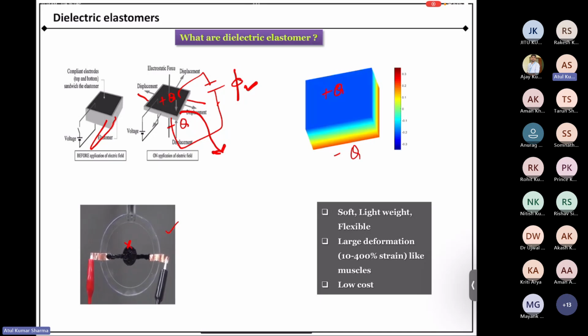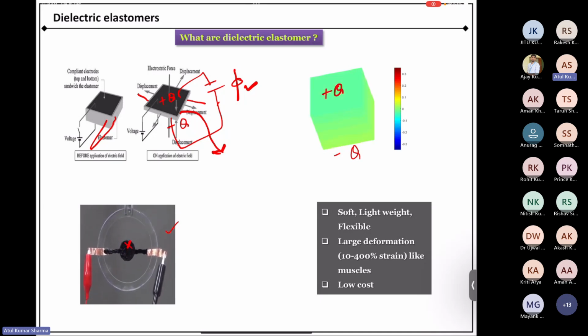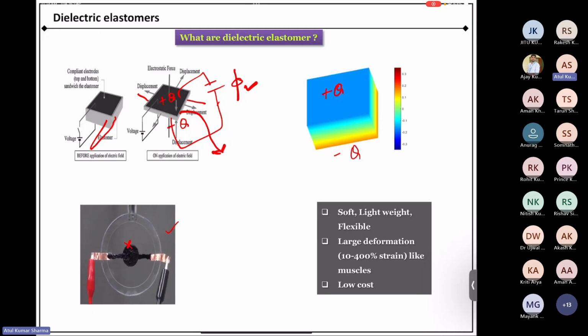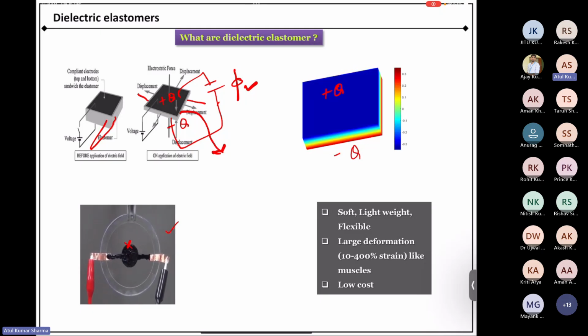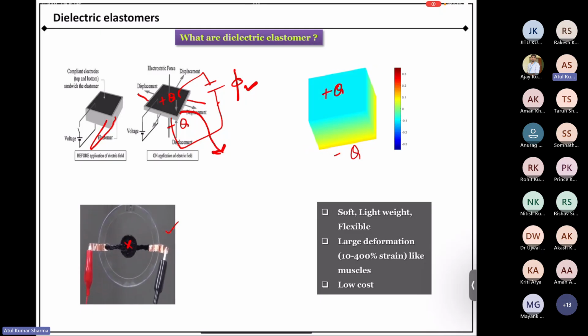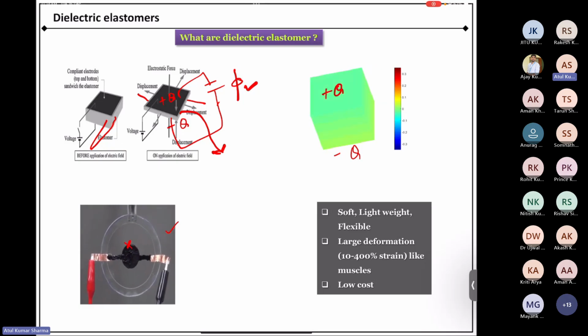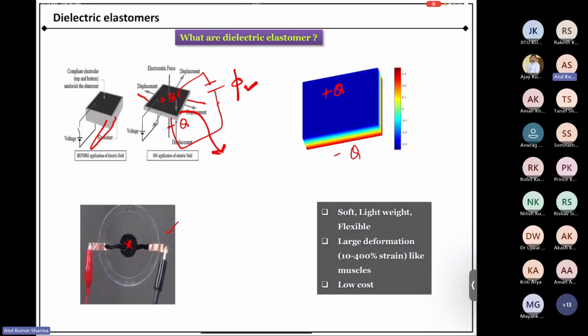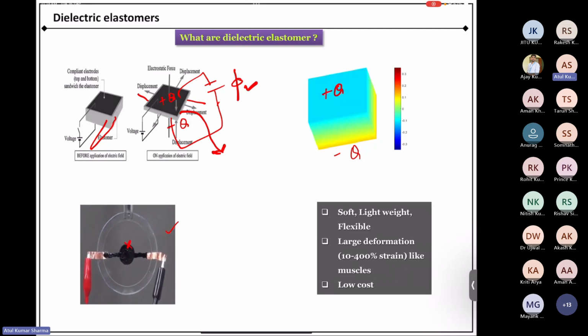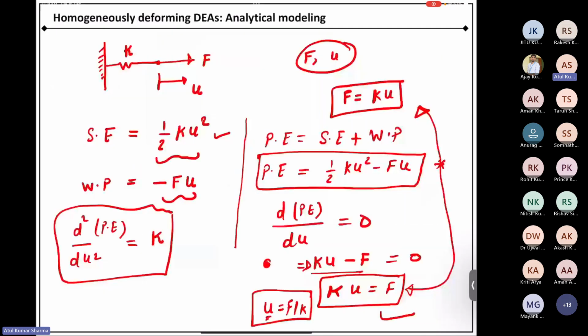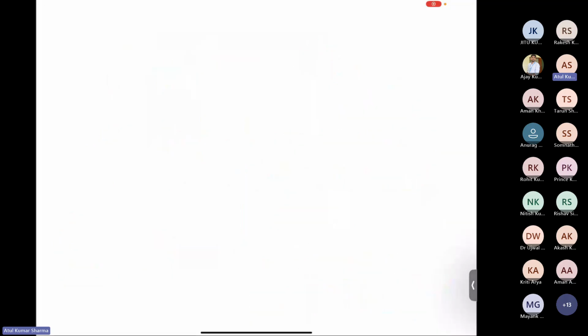And there is no applied mechanical load, so I'm not considering the mechanical load. We can also pre-stretch it using some forces, but I'm going to derive only the relationship between this voltage and the corresponding deformation. I will be making some assumptions for deriving that relationship.